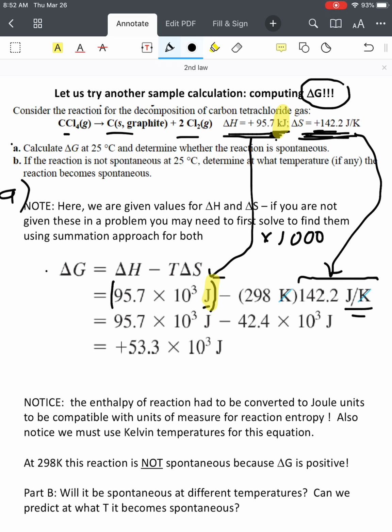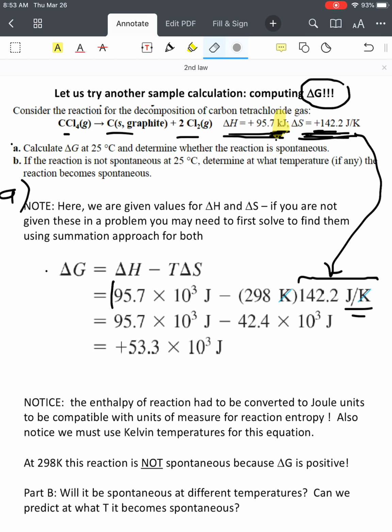The entropy units, again, typically are joules per Kelvin. But enthalpy, oftentimes it's kilojoules per mole or something similar, something in kilojoules units, right? You gotta have similar units when you're doing your subtraction in this equation. So you gotta convert. That's what they did here in one step by multiplying by 1,000, okay? I just want you to pay attention to that so you don't lose sight of that.